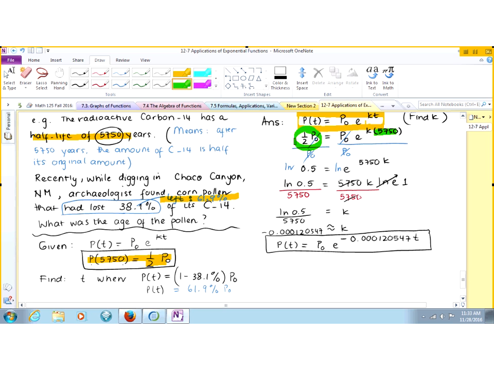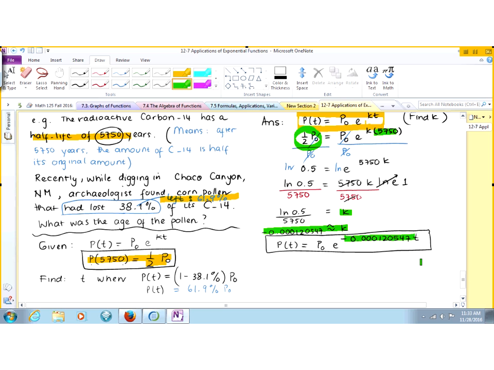That's how we wrote that down. So far so good? And then we solve for K. So we got this K, and then we put it here. That's your model. Done. So first thing is always finding K. It's not given. I'm not given what is the decay rate.